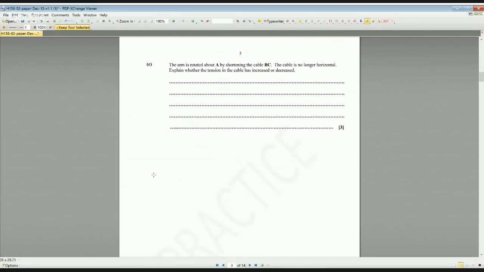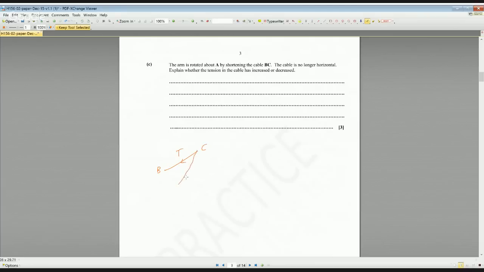I'm going to begin by just sketching it out. First of all, drawing B, there's C. We know that we've got the tension T acting along there. That's moved up like that. It's no longer horizontal.